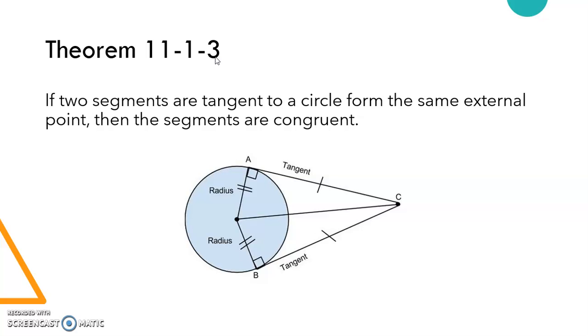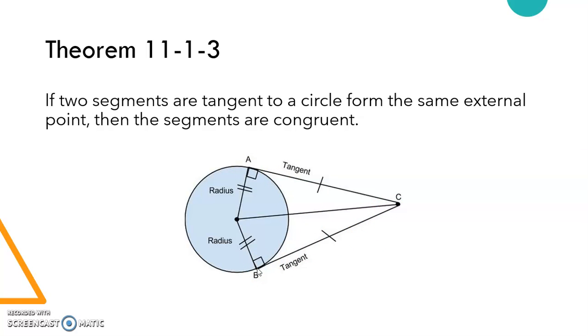And this fact says, if 2 segments are tangent to a circle from an external point, then the segments are congruent. Okay, so here's point C out here. And CA is tangent to the circle, and CB is also tangent to the circle.